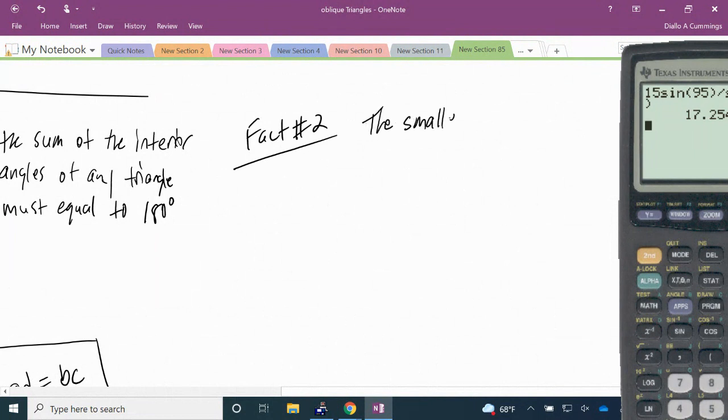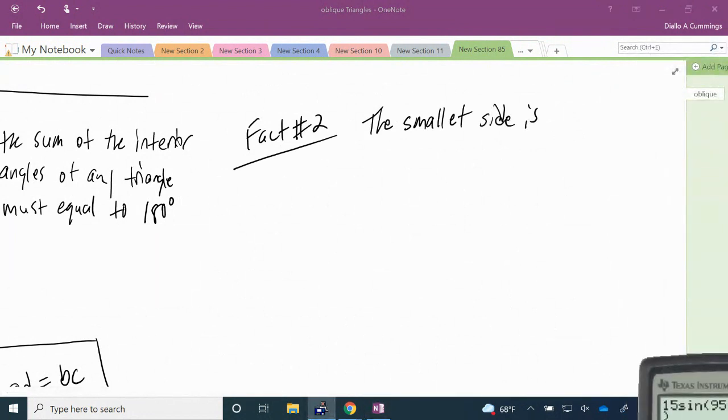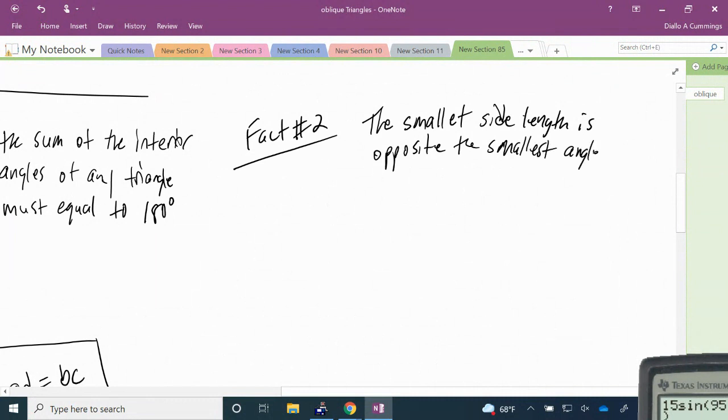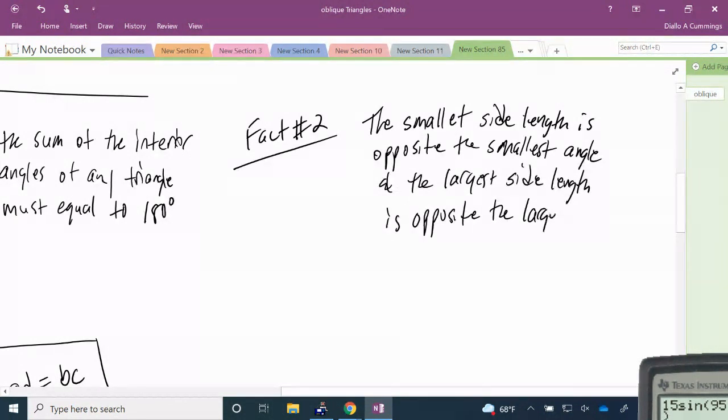The smallest side length is opposite the smallest angle, and the largest side length is opposite the largest angle.